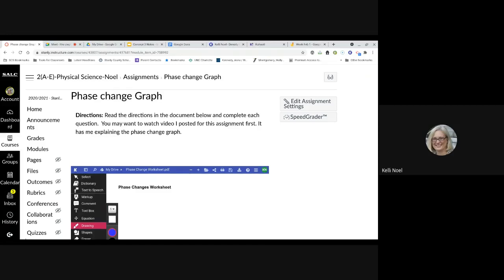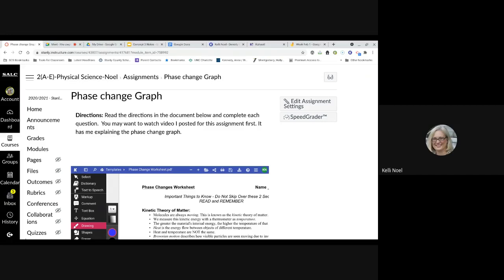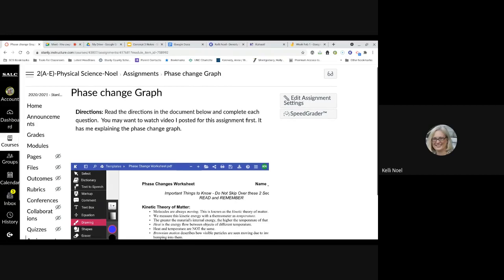So there's an Ed Puzzle video, and then there is this right here. So using your notes, using the information that's on this sheet, you are going to fill in this bottom part on the front, so let's look at it.